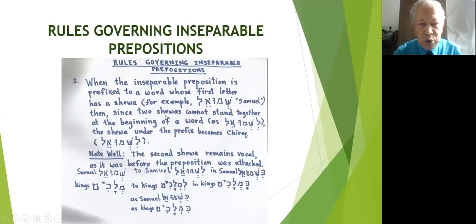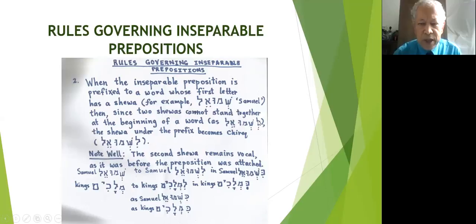Then since two schwas cannot stand together at the beginning of a word, which is a rule that we learned when we were studying the simple schwa, we cannot have le Shemuel. This is not grammatically correct. It's a grammatical error to write it like this.